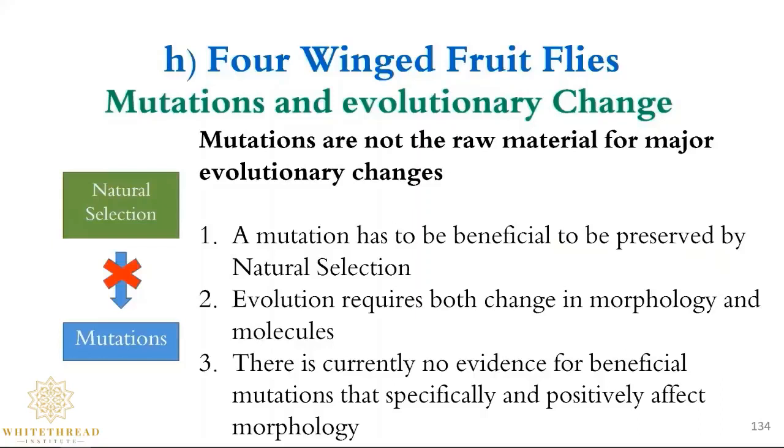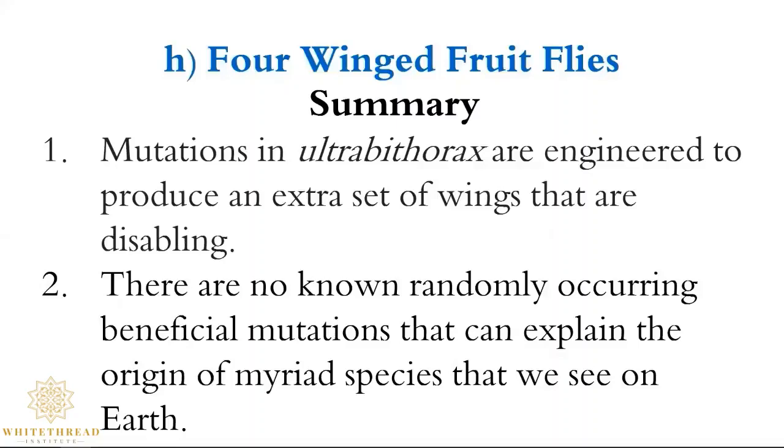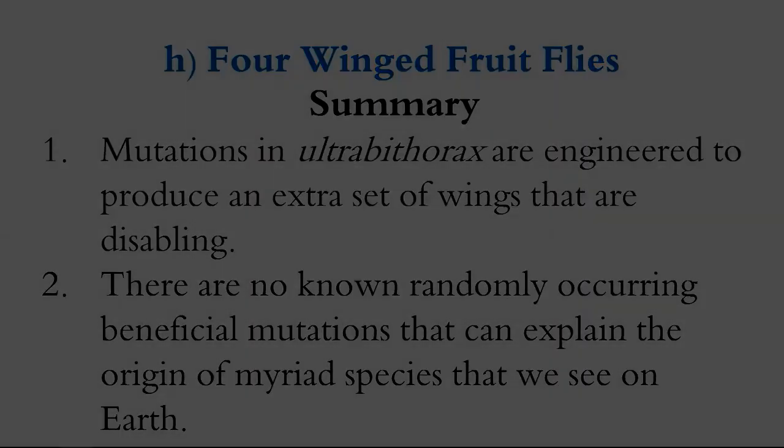And wherever beneficial traits are yielded from such experiments, it is with respect to the specified laboratory conditions. So it's with respect to environment and not the mutation itself. Mutation was never beneficial in the first place. So here's a summary. Mutations in ultrabithorax are engineered to produce an extra set of wings that are disabling. And secondly, there are no known randomly occurring beneficial mutations that can explain the origin of the myriad species that we see on Earth.